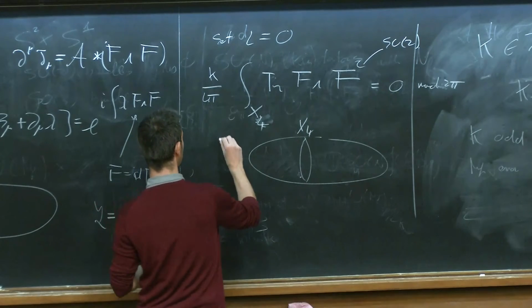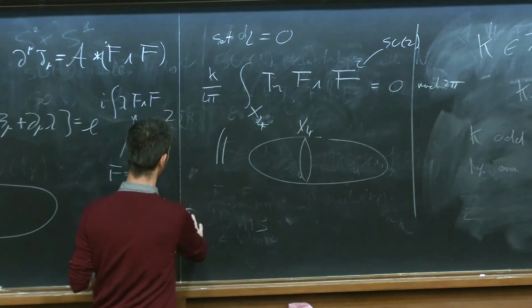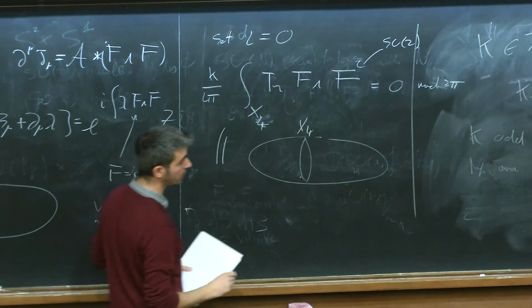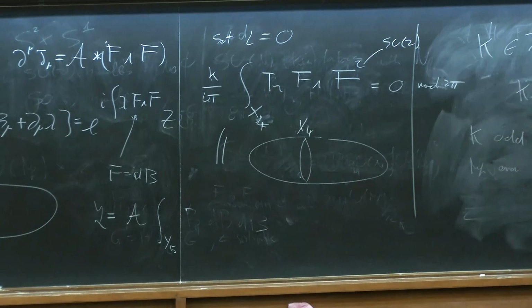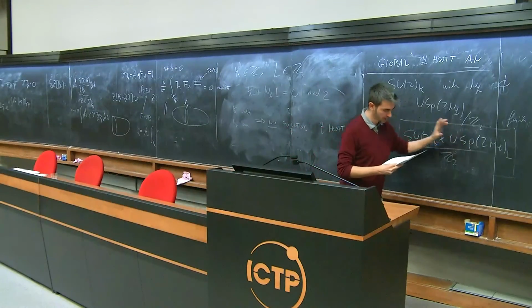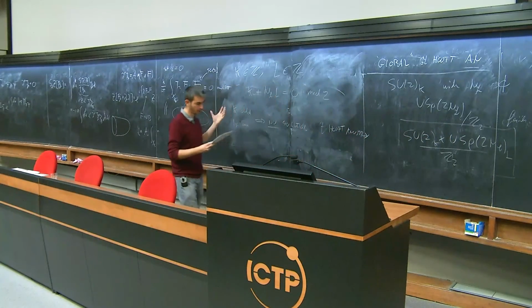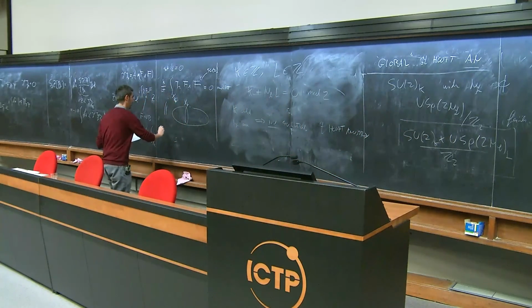But in fact, it turns out that it can be rewritten in terms of quantities that only depend on the background. Now, I'm going to write the expression. It's a bit technical, so the particular expression is not important. I just write it for completeness.